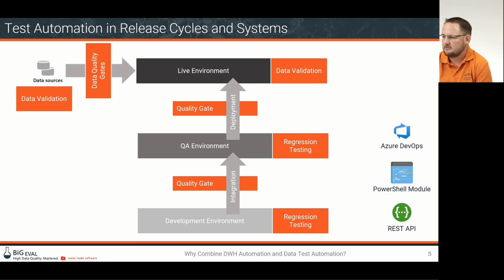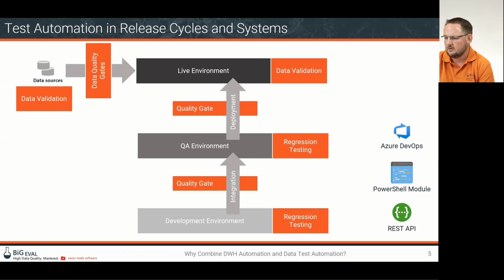We have a development environment, a QA environment, and a live environment. And you can apply regression testing with BiG EVAL in the development environment. Usually you can use the same test cases in your QA environment and also in the live environment, as I told you before. So the same test cases usually make sense to use in the live environment as well.